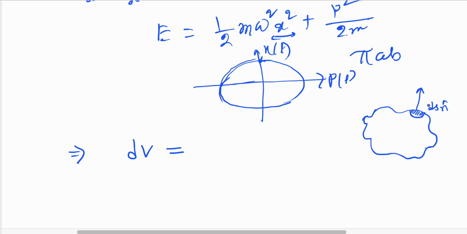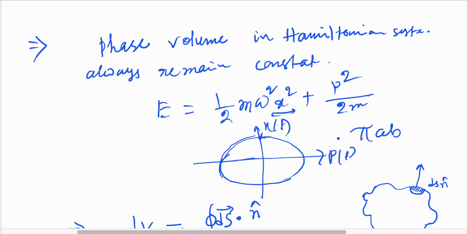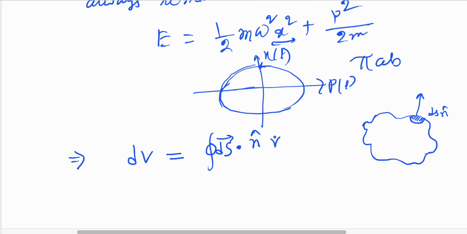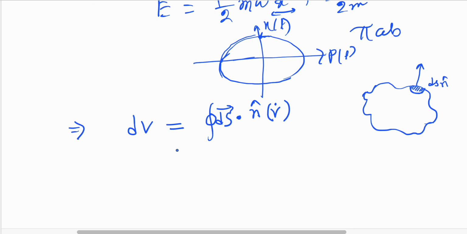Then the change in the volume is nothing but the closed integration of ds, n cap, dotted with the velocity. Velocity means nothing but x dot and p dot. Let me write it in compact form as v vector.